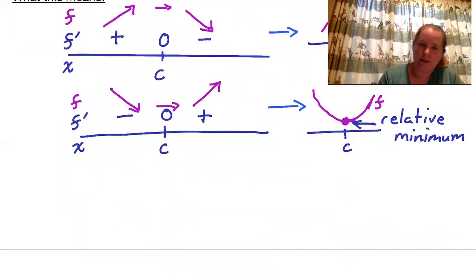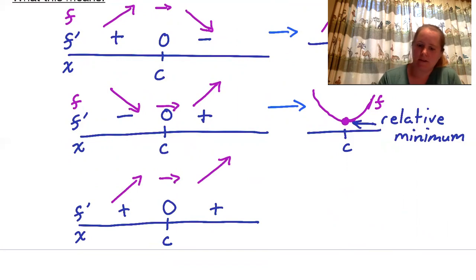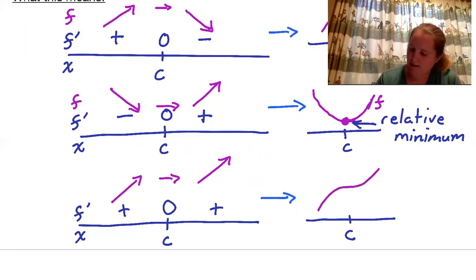And then if we don't change signs, so for example, if we start positive and stay positive, positive on both sides, that means we're going up, we flatten out, and then we go up some more. So in this case, our graph will look like maybe we go up, flatten, and then up again.